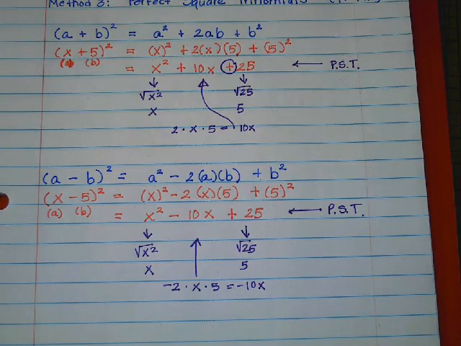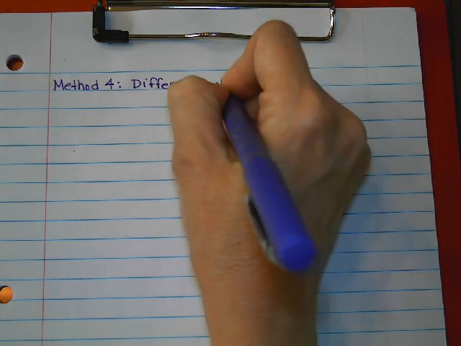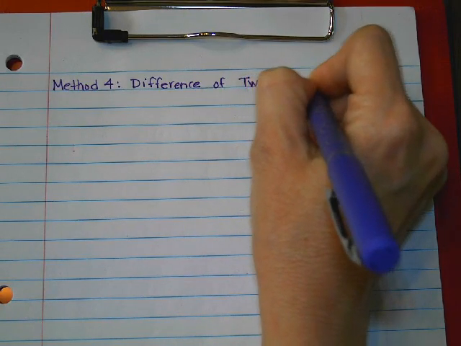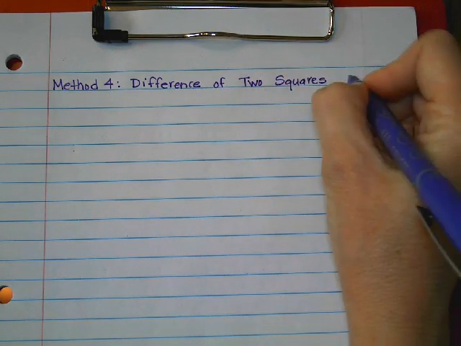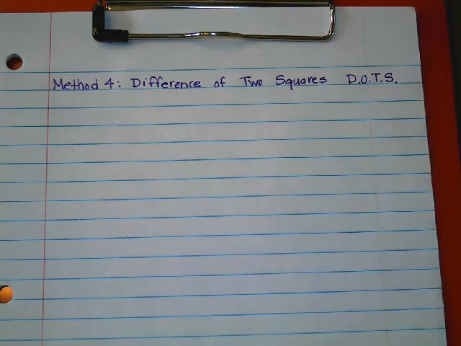All right. Okay, so method number 4 is one that you have already learned, and it's the difference of 2 squares. And remember, we've learned this as our dots method. Difference of 2 squares.